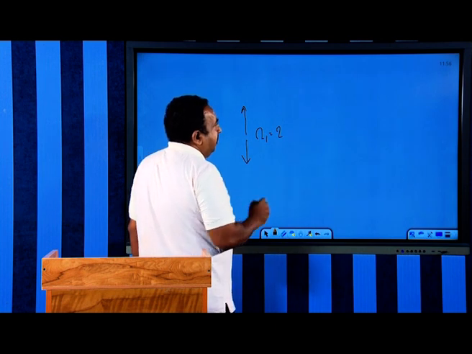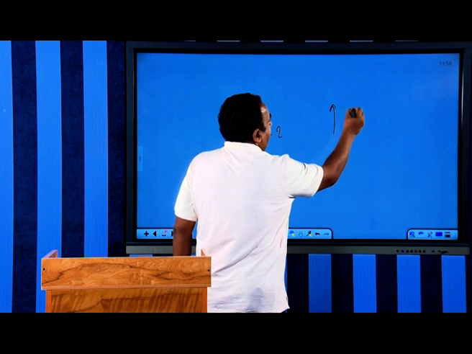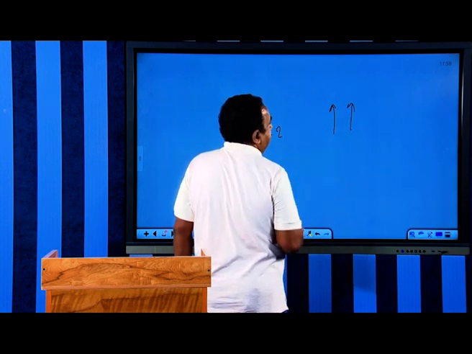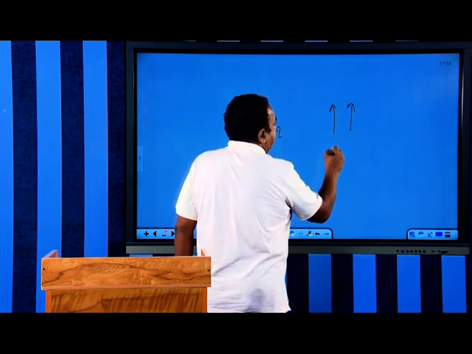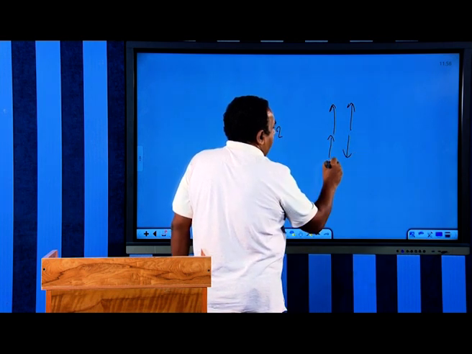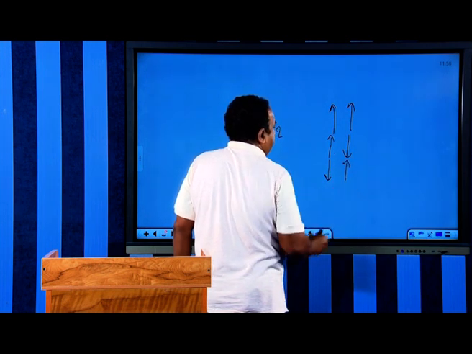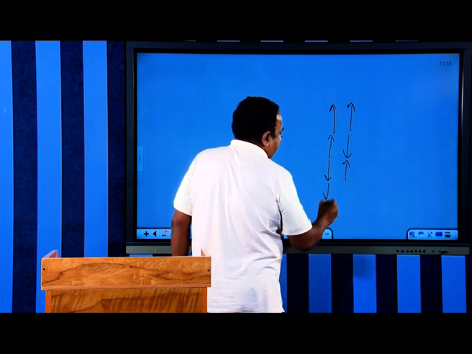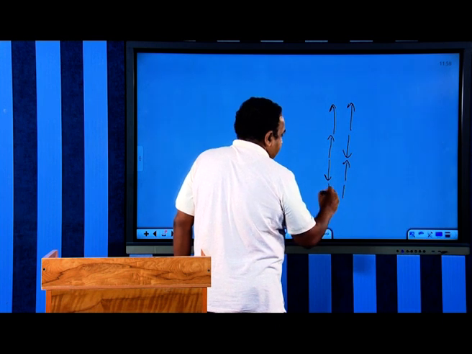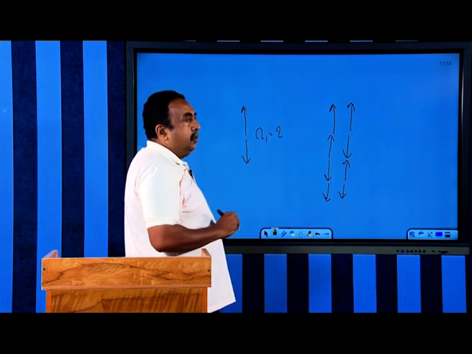If I have 2 electrons, my first electron can be in the up state and the second electron can be in the up state; the first up and the second down; the first down and the second up; or both can be in the down state.